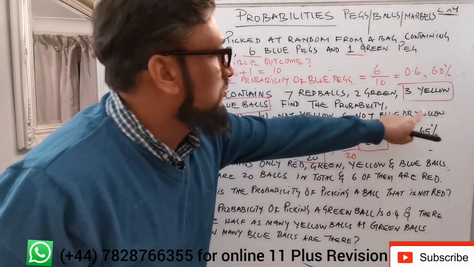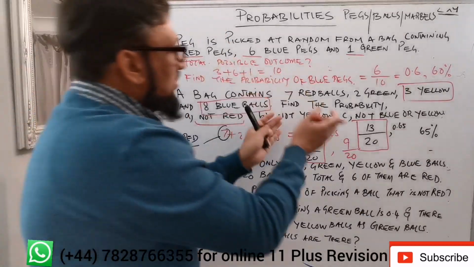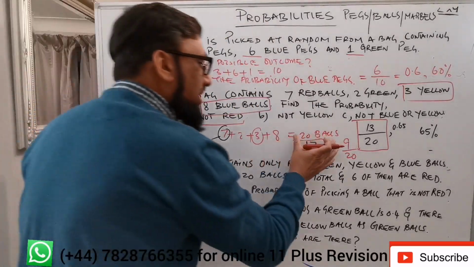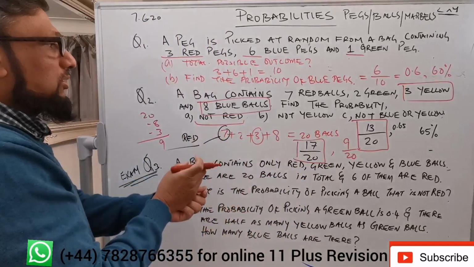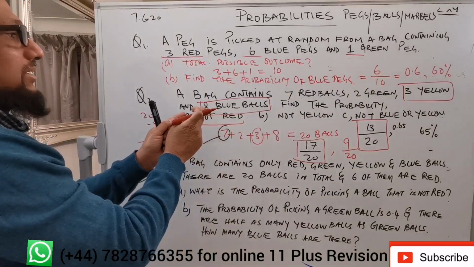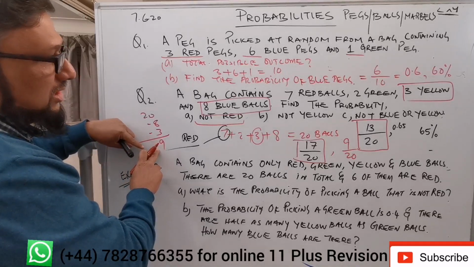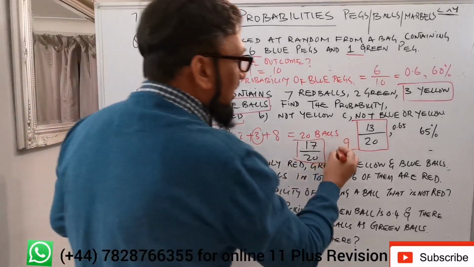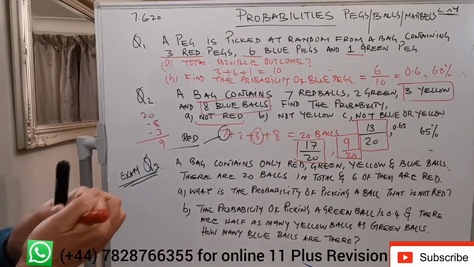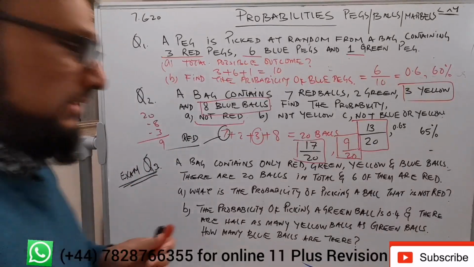It says not blue and yellow, so it means the total possible outcomes, which are 20, must have the number of blue balls and yellow balls deducted, which together are 11. So 20 take away 11 is 9. The outcomes you want: 9 over 20. So these are the answers for question number 2.